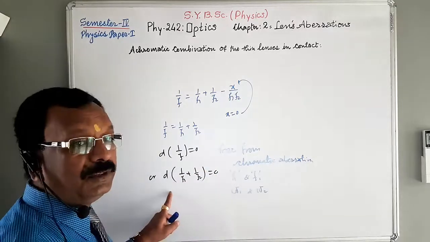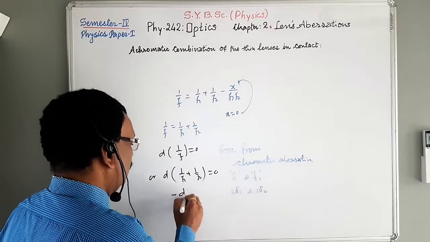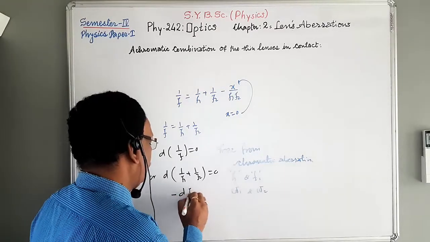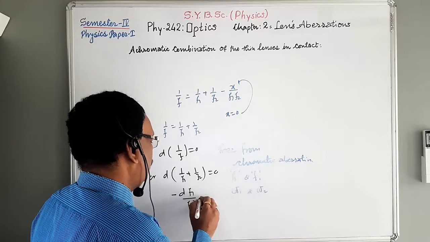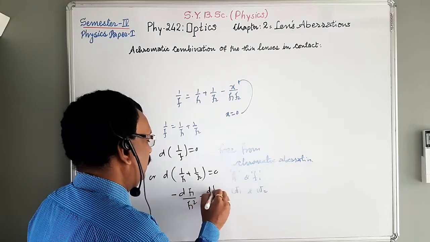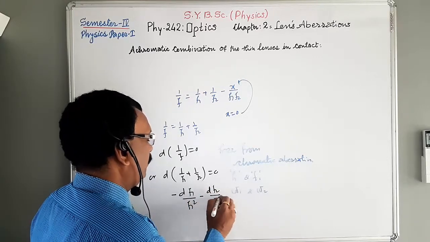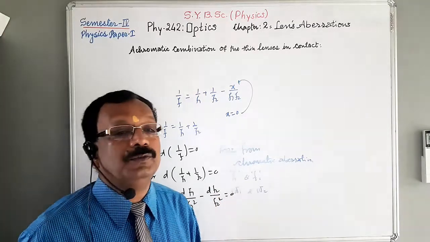The differentiation gives minus df1/f1 square minus df2/f2 square equal to 0.